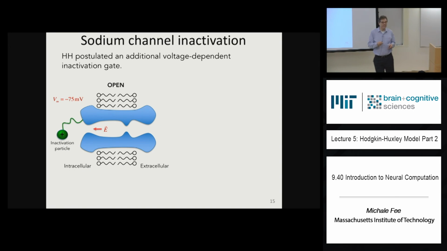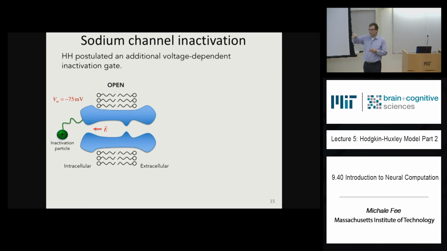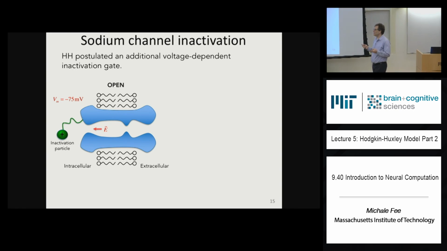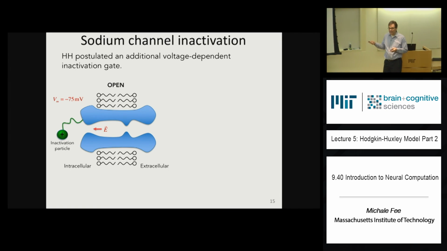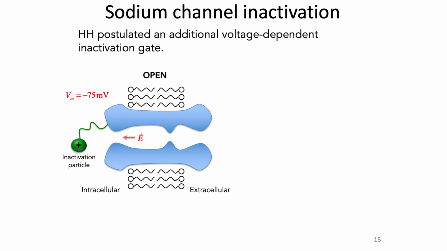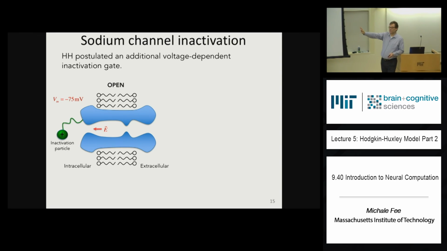Okay, so how do we think about inactivation? Inactivation is literally just a little loop of goo on the inside of the sodium channel, and it's charged, and when the sodium channel opens, it just falls in and plugs up the pore. That's it. Okay? So when the membrane potential is very negative, the inside of the cell is negative, there's an electric field pointing this way, and the inactivation particle is slightly positively charged, and that push keeps it out of the way.